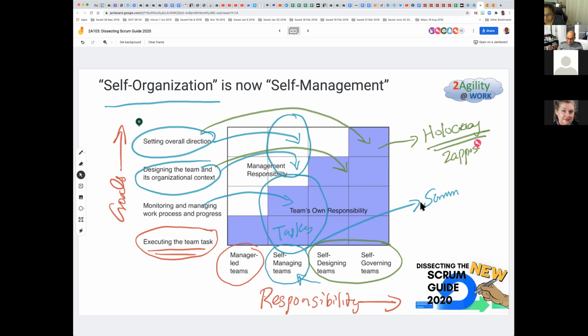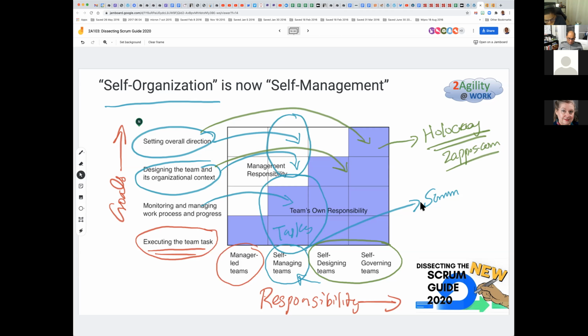Zappos, based out of Las Vegas, the shoe retailer, is a holacracy practitioner, where all decisions are taken by the team members themselves, including what the customers want and what to prioritize. So they manage the product backlog as well, or even what to fund, what to do, what not to do is all decided by the teams. And that's a very hard construct in today's organizations, which are hugely command and control.